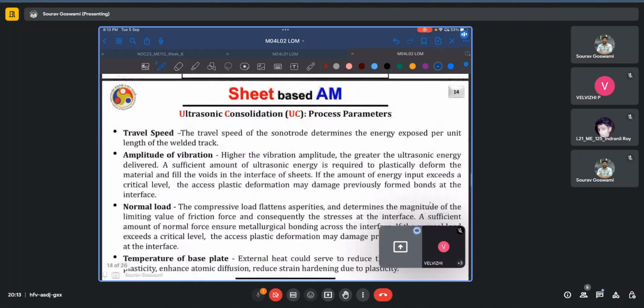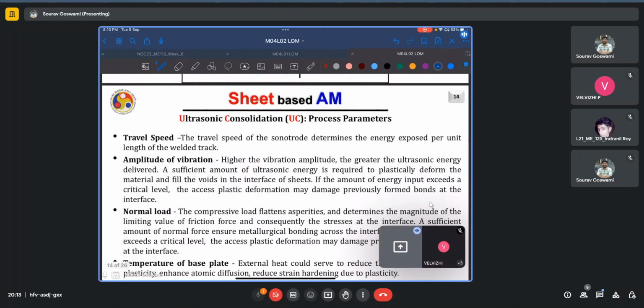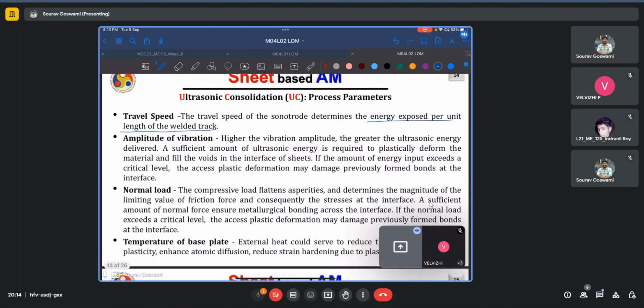The other process parameters which control the final build quality are the travel speed, which helps determine the energy exposed per unit length of the welded track, and the vibration amplitude, which is directly related because the higher the vibration amplitude, the greater the ultrasonic energy delivered. However, does this mean that we can go on increasing the amplitude arbitrarily? Maybe not.